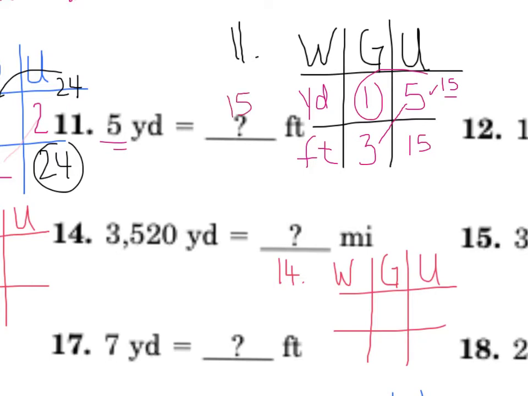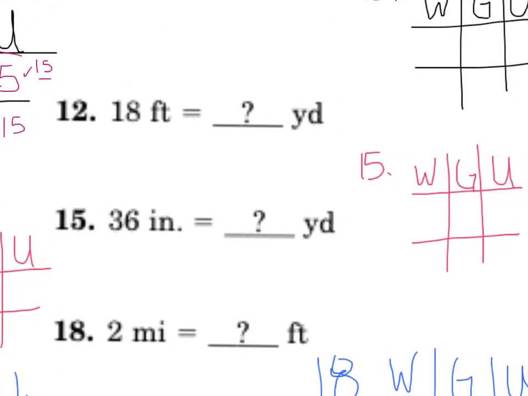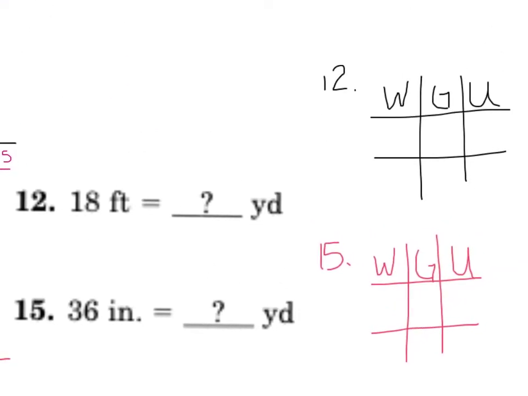Okay. Number 12. 18 feet equals how many yards? Okay, look at your units. We're using feet and yards. Okay, and on the mathematics chart it tells us there are 3 feet in 1 yard.